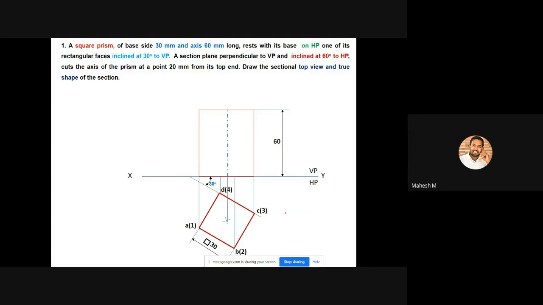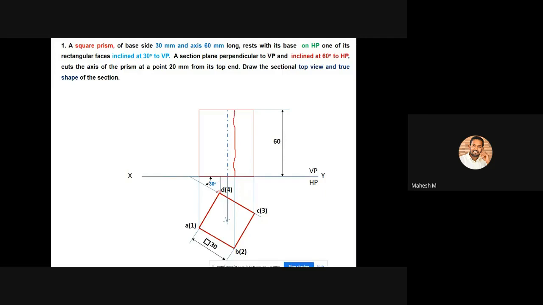Now please have a look at this. Since it is a square, you will have 4 corners. We have already projected 2 corners. This corner is visible in the front view position, so you can create a dark, continuous line.